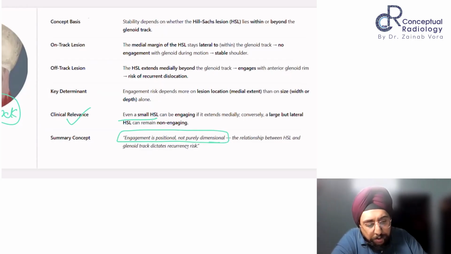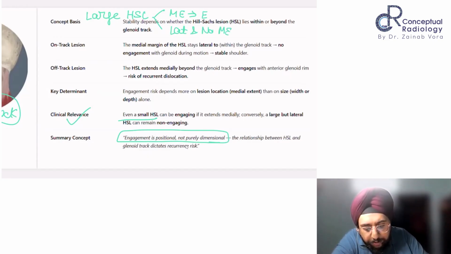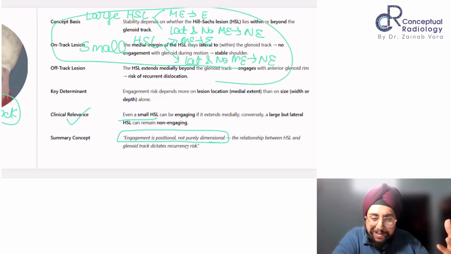A large HSL with a medial extent is engaging, but if it's lateral and has no medial extent, then it will be non-engaging. A small HSL having medial extent is again engaging, and if it's lateral with no medial extent, again it will be non-engaging.